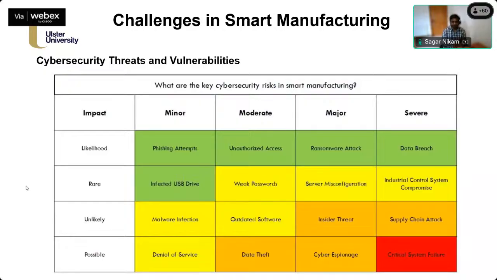Or a weak password: nowadays everyone is well aware of how to keep a strong password, so that's very rare. Then server misconfiguration or industrial control system issues. Another is malware infection; because we have very high-end software, this is less possible. Or it could be an insider threat, a threat within the organization.